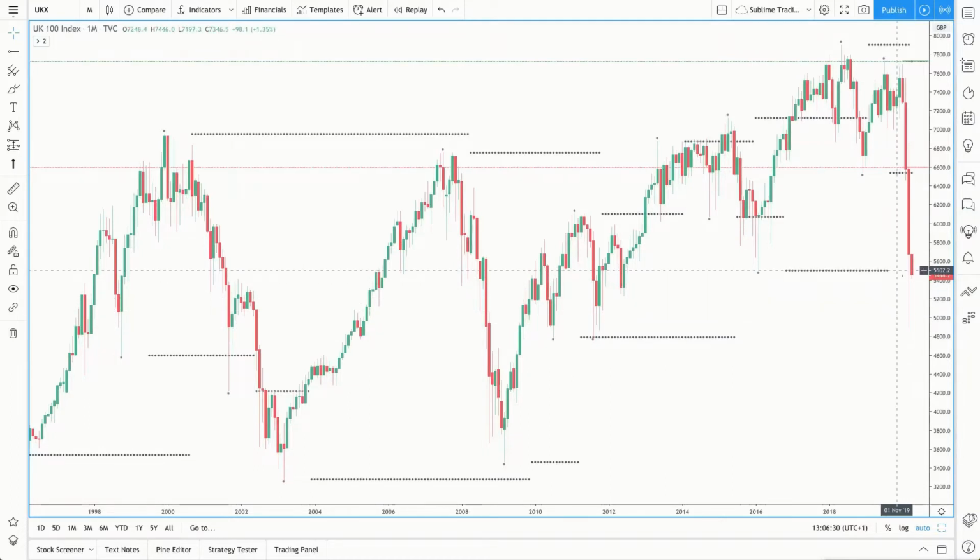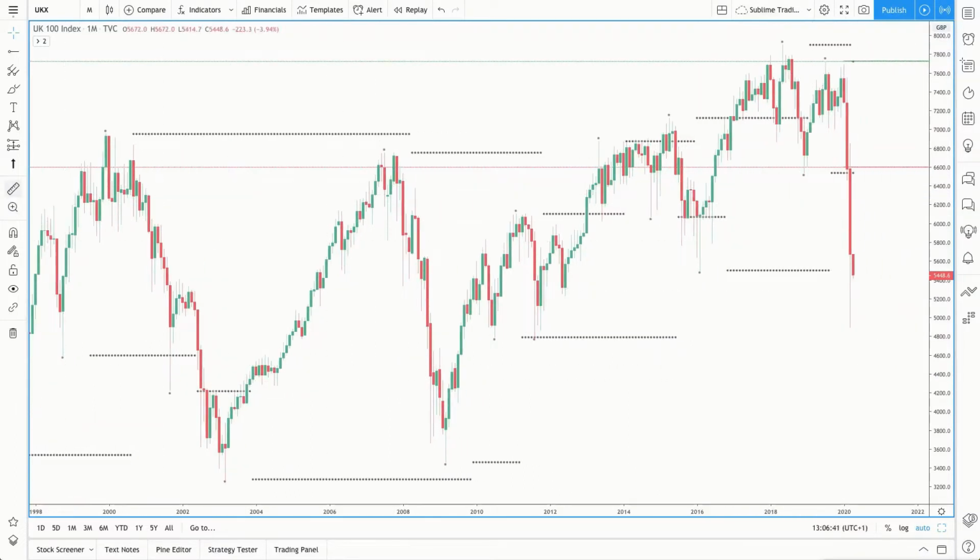If price closes above this level, then this level is obviously holding strong and we could see further strength back to the upside, and ultimately we could see the all-time high being cleared. Now let's have a look at the measuring tool on the toolbar on the left hand side.